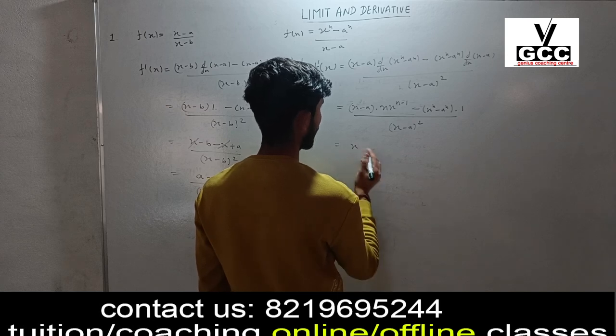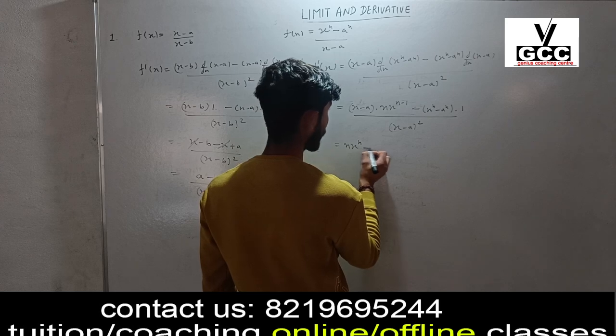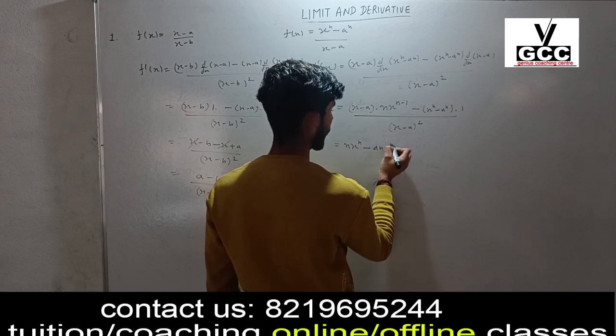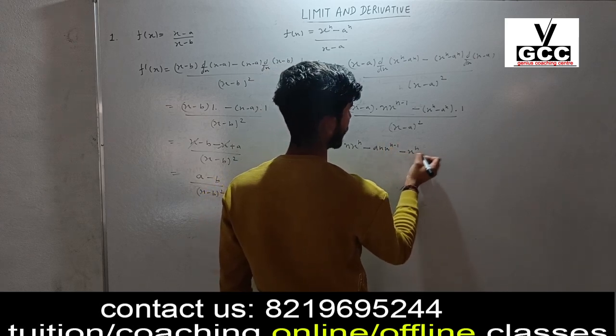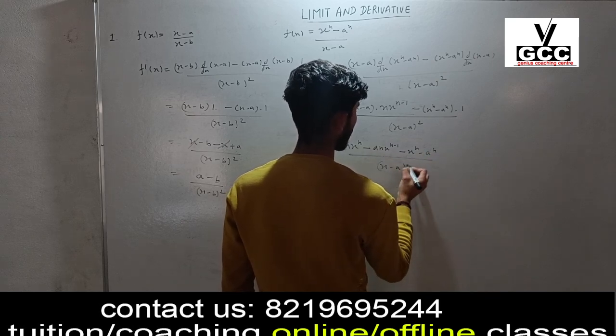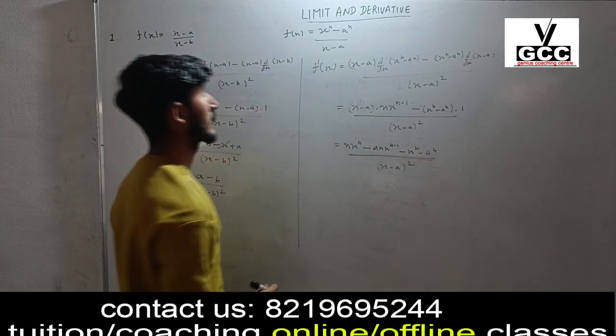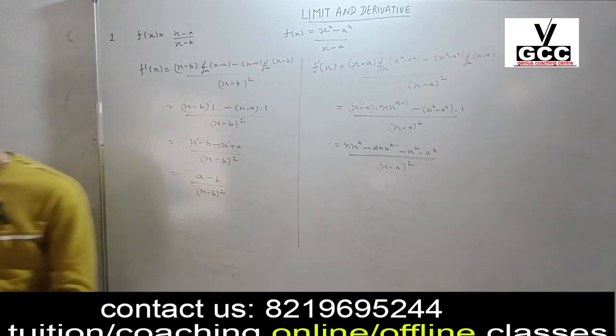Similarly, solve out, that becomes n x^n minus a n x^(n minus 1) minus x^n minus a^n whole upon (x minus a) whole square.